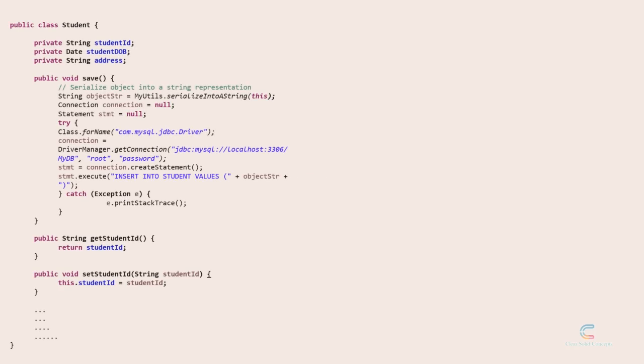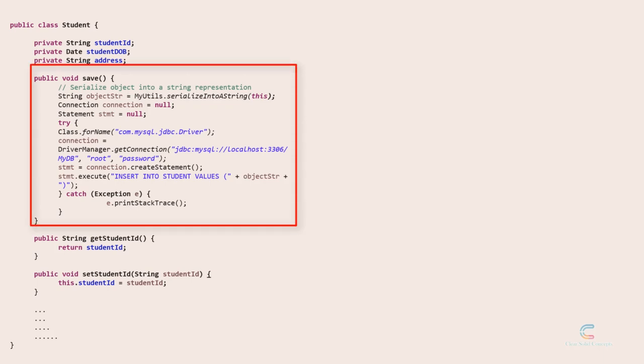Here's a class, Student. One of the methods inside the Student class is the save method. The save method will convert the Student class into a serialized form and persist it into a database. You can see that this method deals with a lot of low-level details related to handling record insertion into a database.